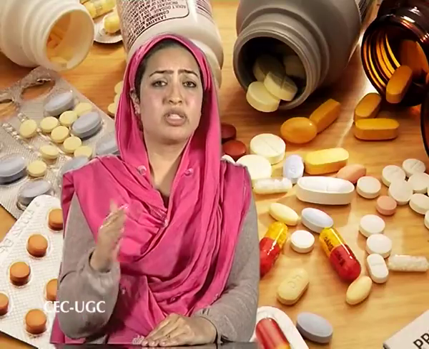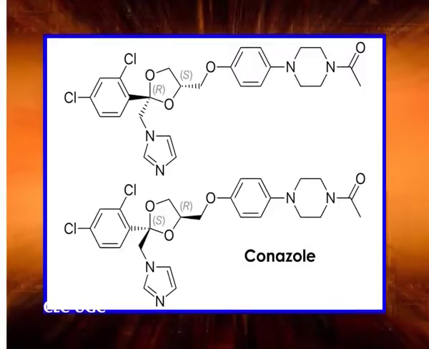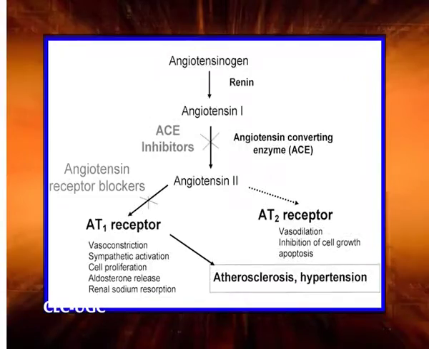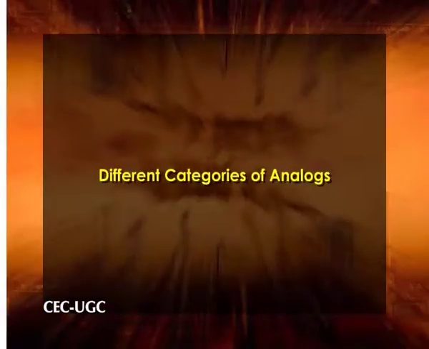A typical illustration of this approach is found in the series of losartan analogues or in the conazole series. All the compounds show similar structures and similar affinity for the angiotensin II receptor. As such, they can be considered full analogues. Different categories of analogues.